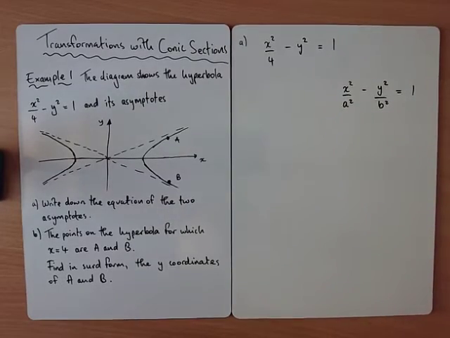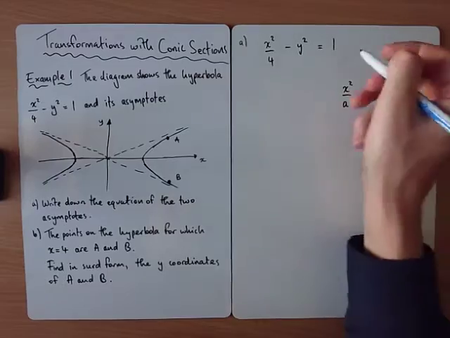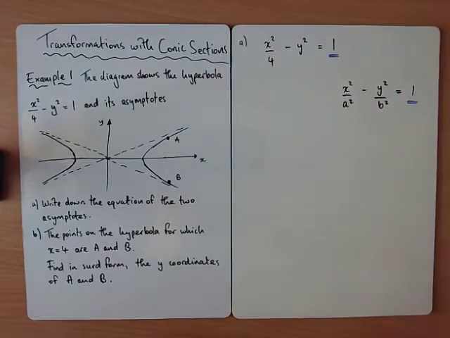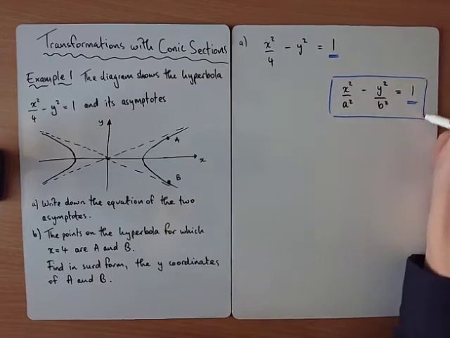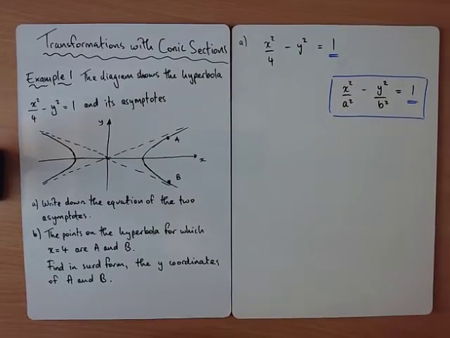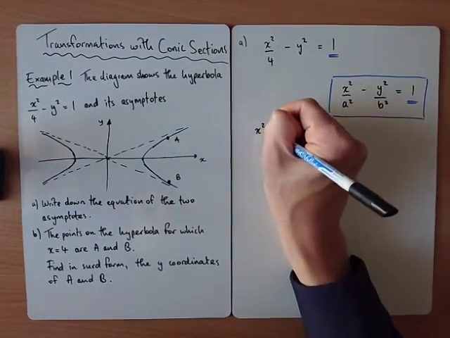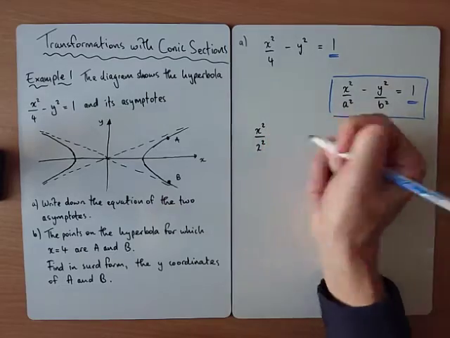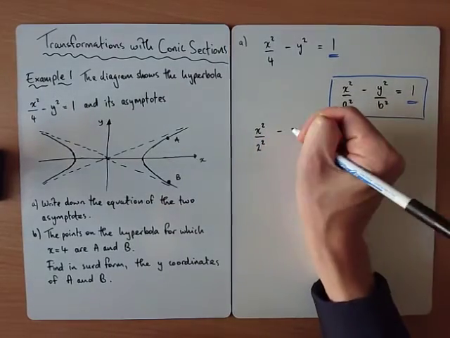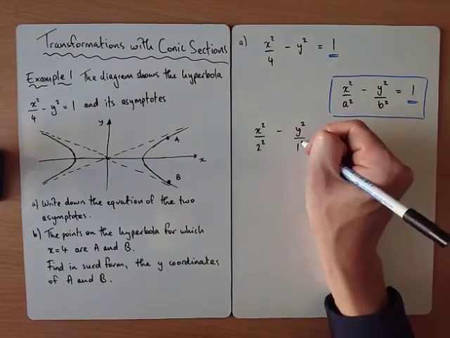Very important, first of all, that we need it to be equal to 1 on the right hand side, and we've already got it equal to 1. So now we can compare it with this general form. You might not need to write this, you might just be able to see it, but if it's over 4, we can think about a as 2, because it'd be over 2 squared. And if we just write y squared, that's the same as dividing by 1 squared.